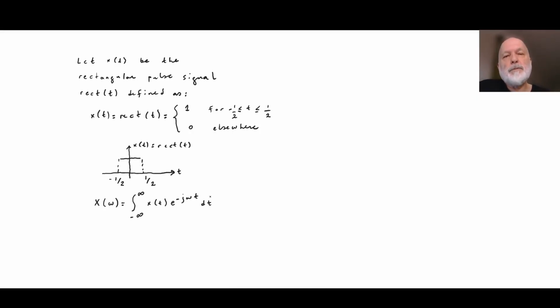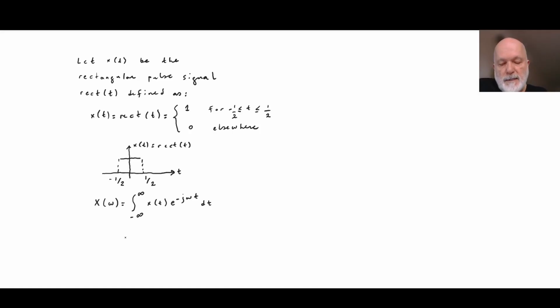Remember how we interpret the Fourier transform. The Fourier transform is just a measure of how much e to j omega t is contained in x of t, by means of the analogy with the inner product. So this expression can be visualized as the inner product of x of t and e to j omega t, that minus sign coming from the complex conjugation operation.